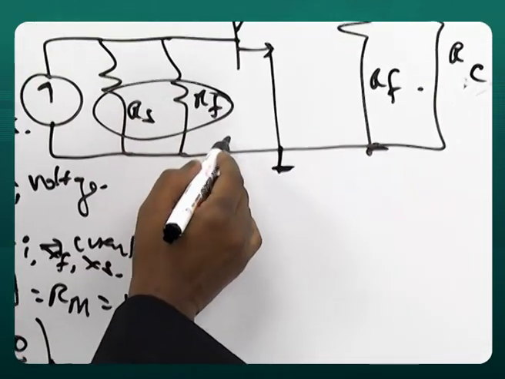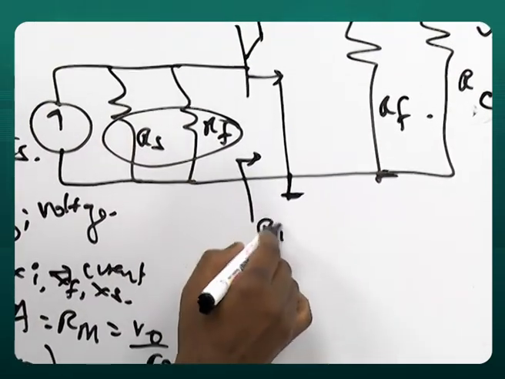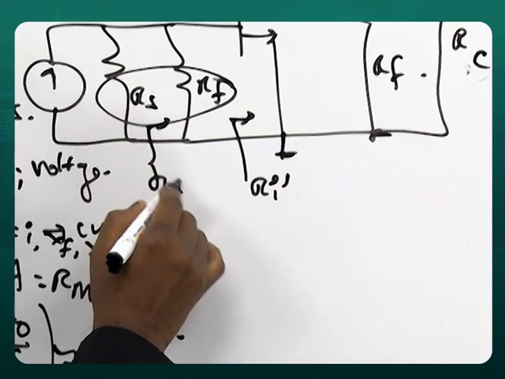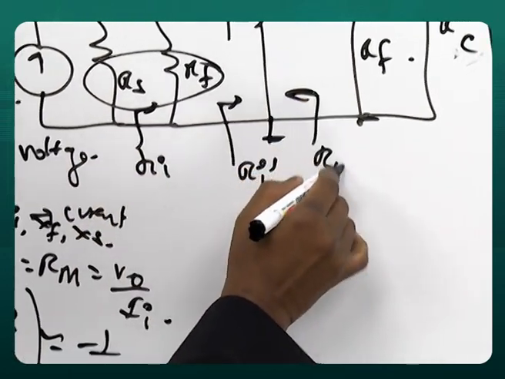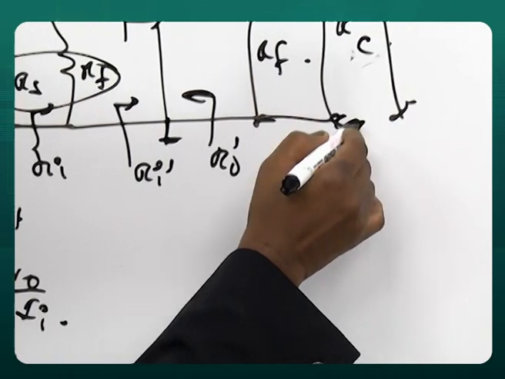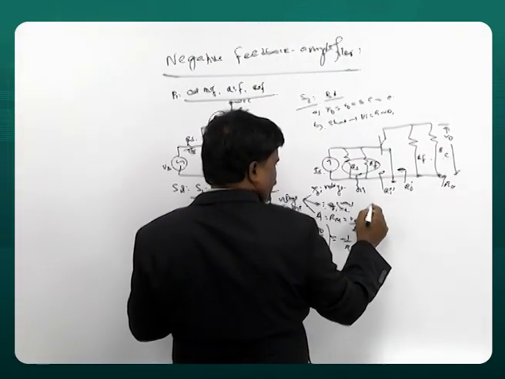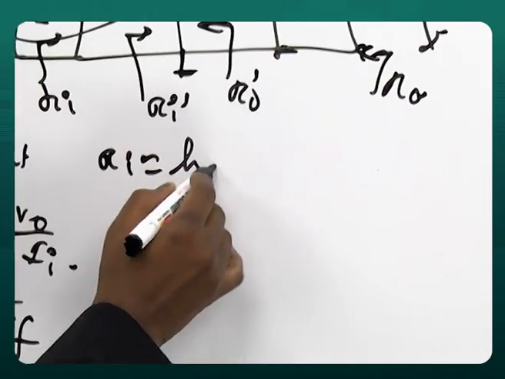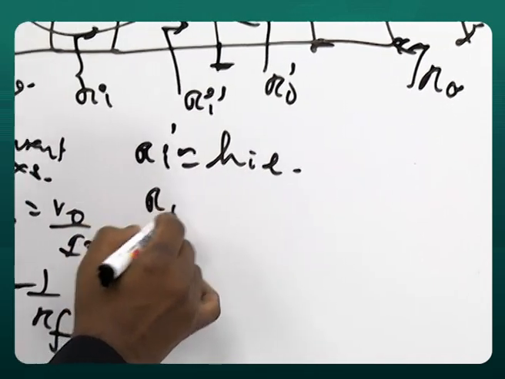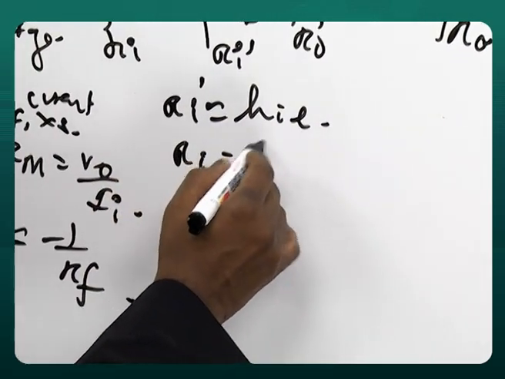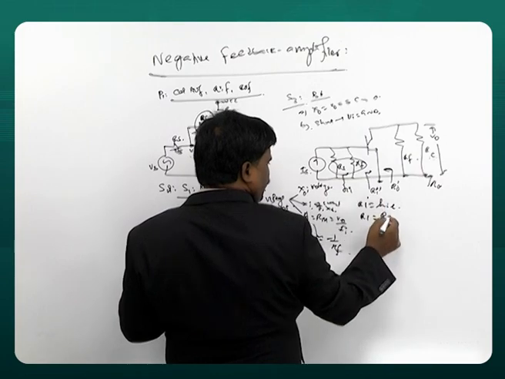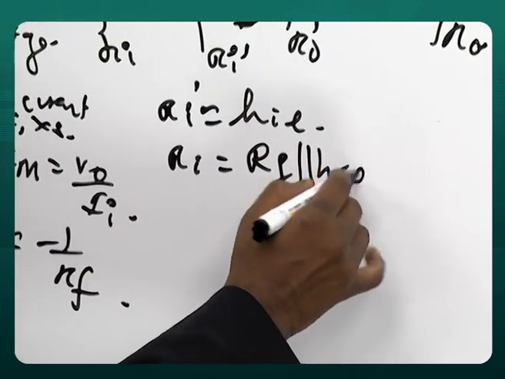This you combine, or this you say Ri dash, Ri, R naught dash, R naught. Ri dash is HIE. Ri is RF parallel HIE. Why?